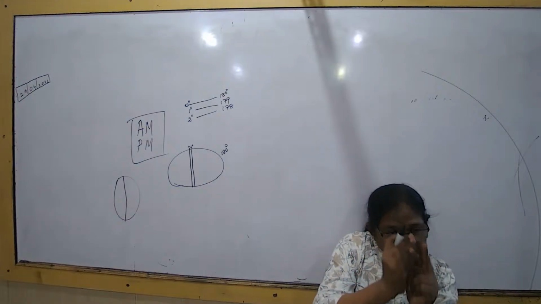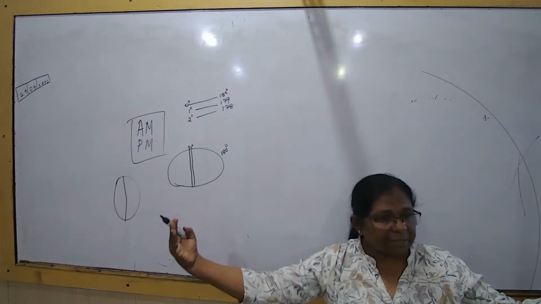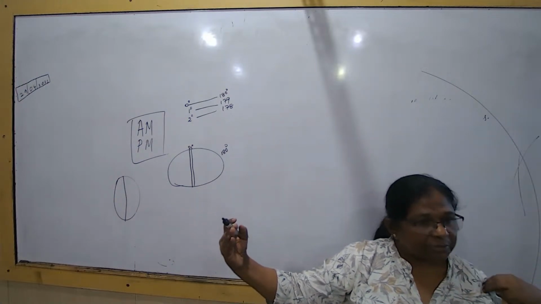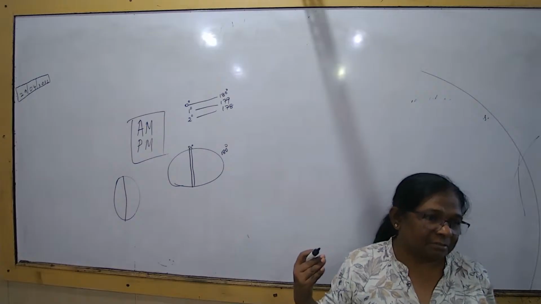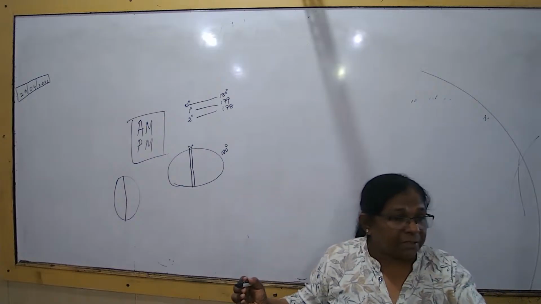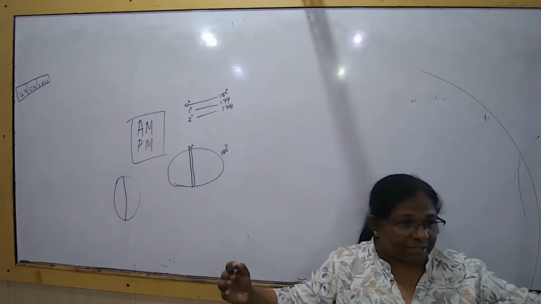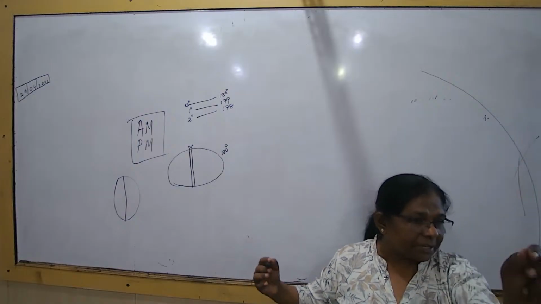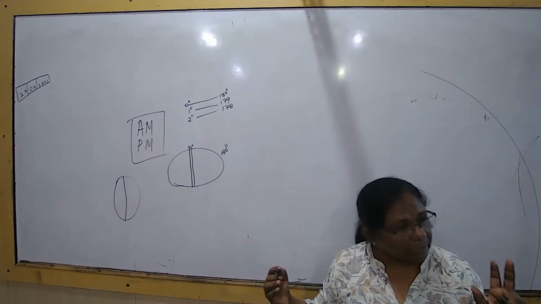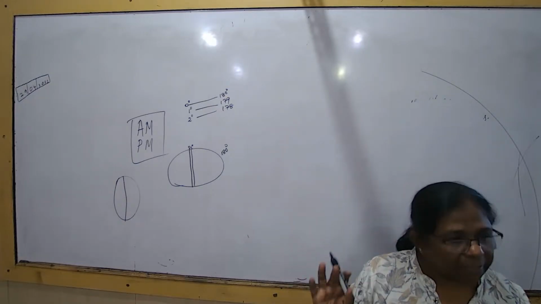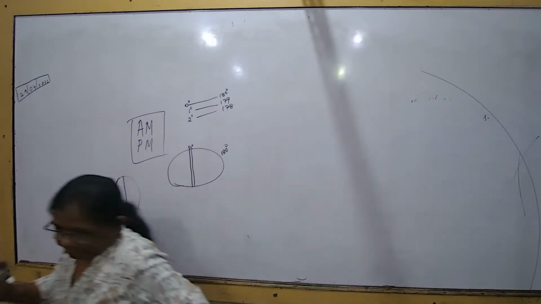That is why it goes from 0 to 180 east and 180 west. For latitude also, we see the equator at 0 degree is a great circle. This prime meridian is also 0 degree, and that is a great circle. These two are great circles.